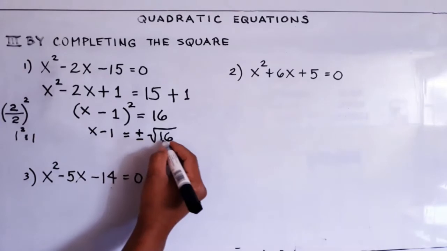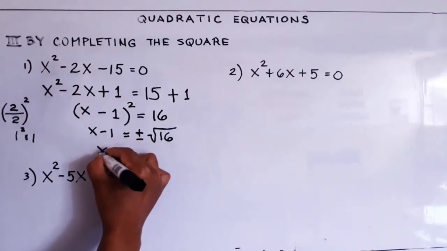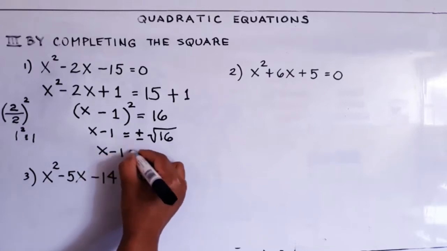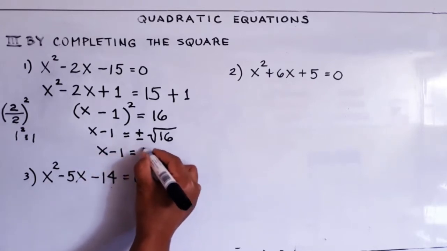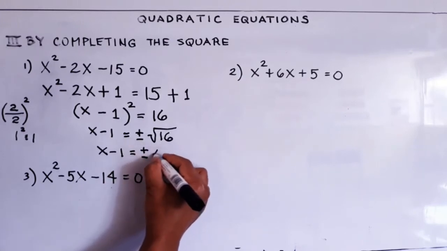So we'll just get the square root of 16, which is plus and minus. So we have x minus 1 is equal to plus and minus the square root of 16, it's 4.